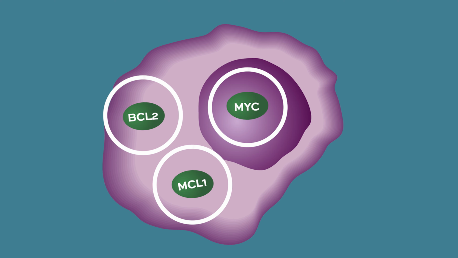Now, there can also be a relative change or a relative loss. A myeloma cell that is more dependent on BCL2 for survival can switch its profile to become more dependent on MCL1. So a drug that targets BCL2 is no longer effective, and you may have to use a different drug that targets the molecule that it is more dependent on now.